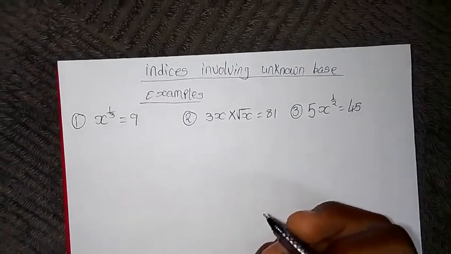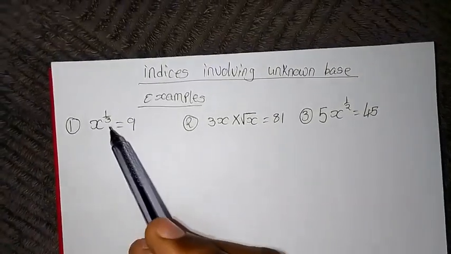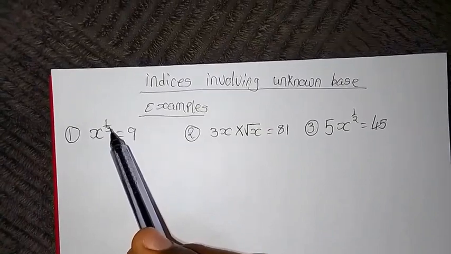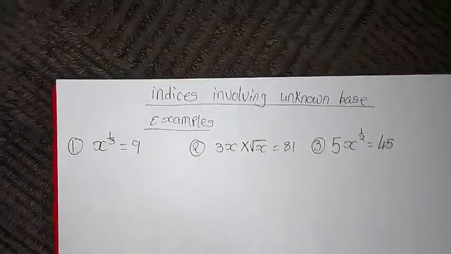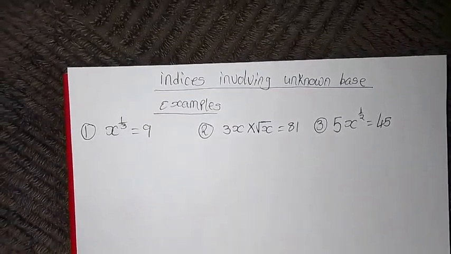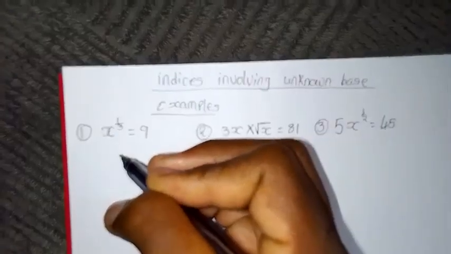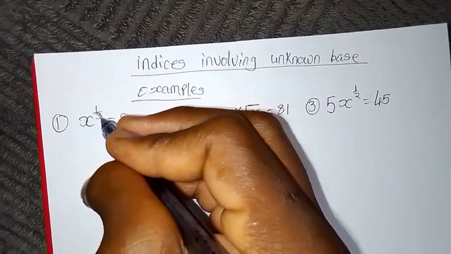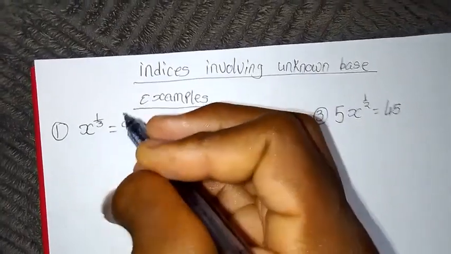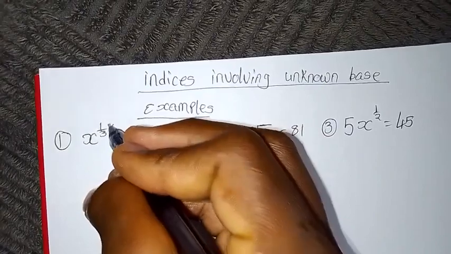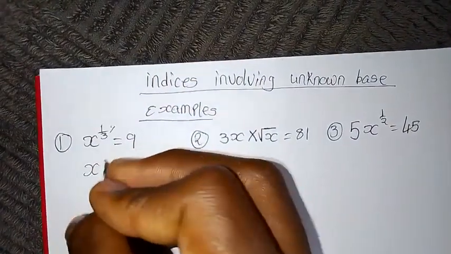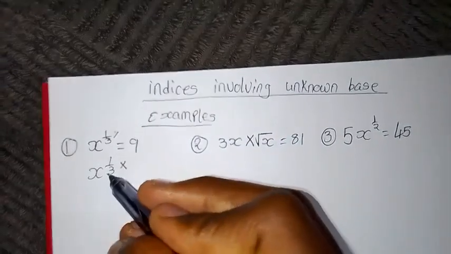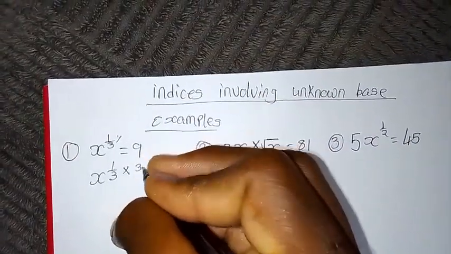Example 1, there is x power 1 over 3 is equal to 9. For this one here, we're going to use the reciprocal. So the reciprocal of this is the inverse of this. So it's going to be x^(1/3) multiplied by the inverse of this, which is 3 over 1.